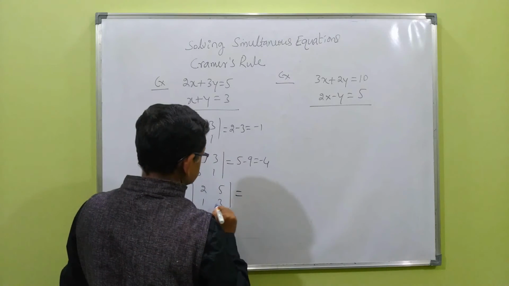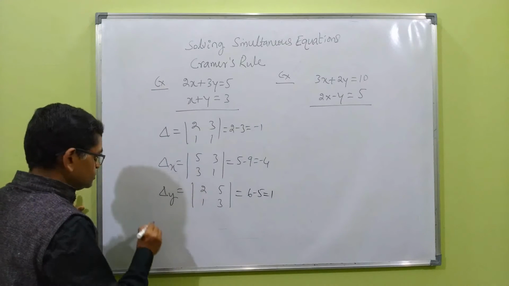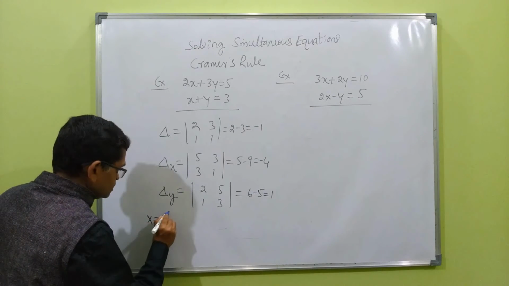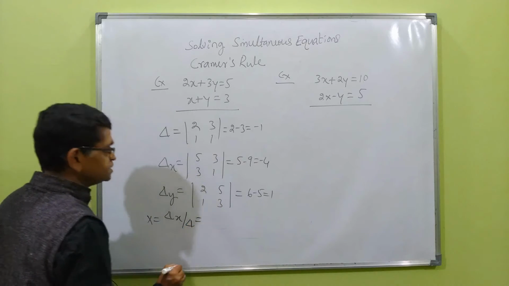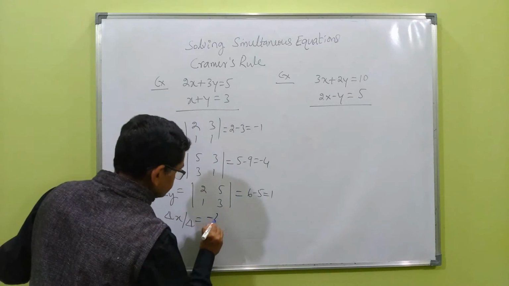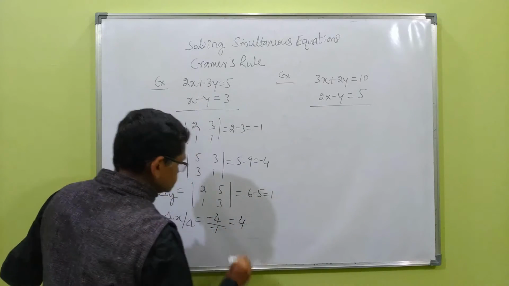So this will be 6 minus 5 is equal to 1. Now x is equal to delta x by delta. That is delta x is minus 4, delta is minus 1, so x is 4.